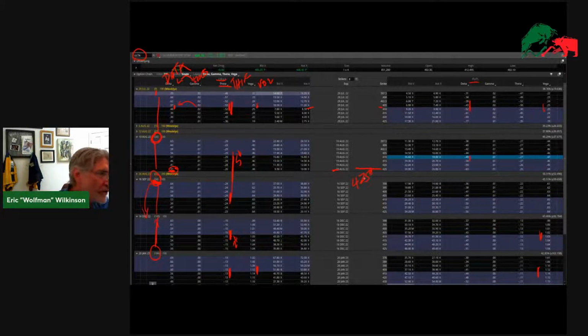There's a 37% probability that on the 30th day from now, Ulta will at least be 1 penny in the money. Okay, I'll say that again. This delta is telling us there is a 37% probability that Ulta 30 days from now will be trading at 425.01 or better. At least 425.01 or better.